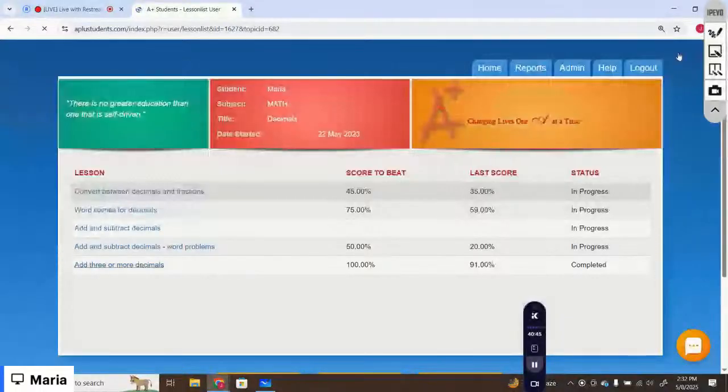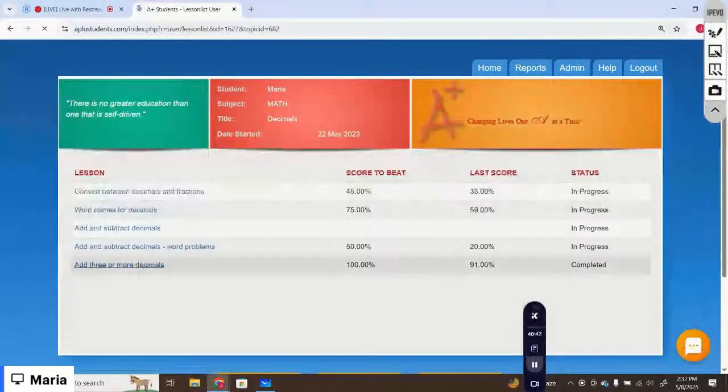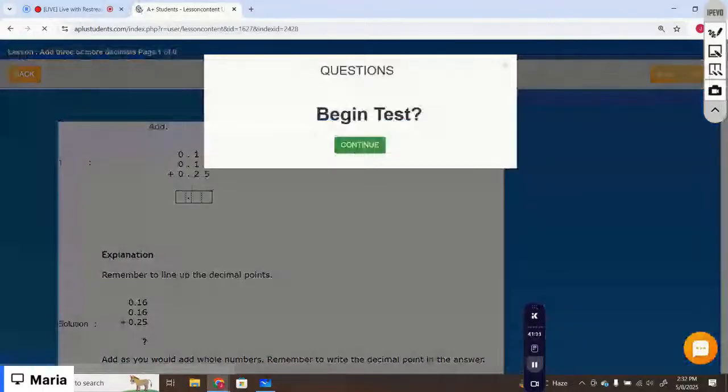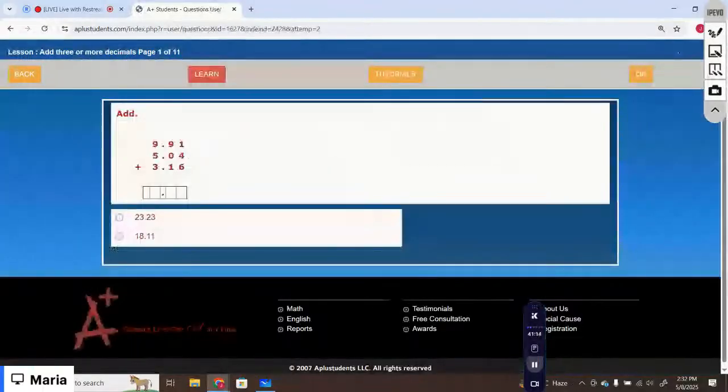Next lesson is add three or more decimals. So let's just start with the test questions. 9.91, 5.04, and 3.16.